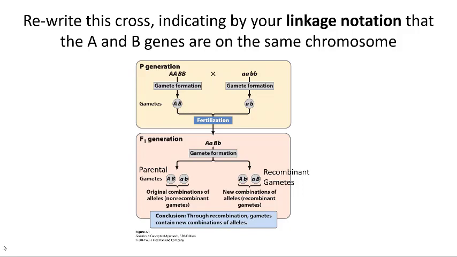Okay, so now we're going to revisit this cross that we've looked at before, and I'm going to ask you guys to just pause the video for a second and try to rewrite this parental generation going through to the F1 generation in linkage notation.